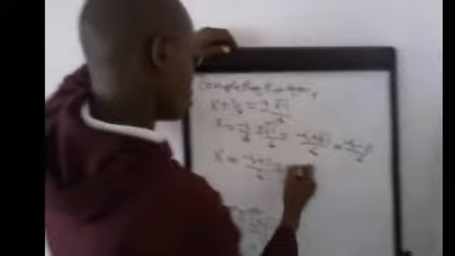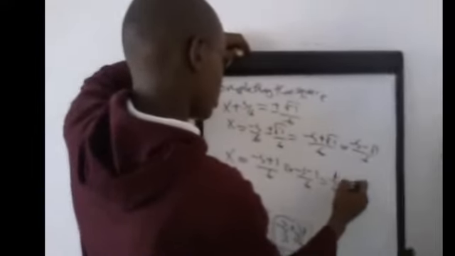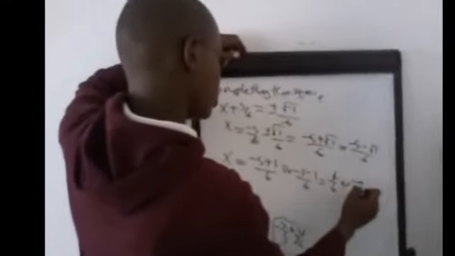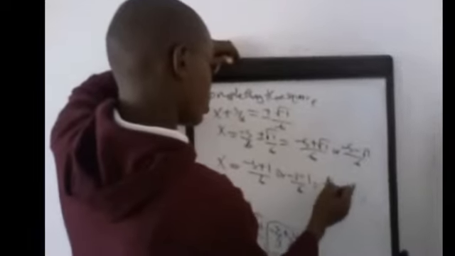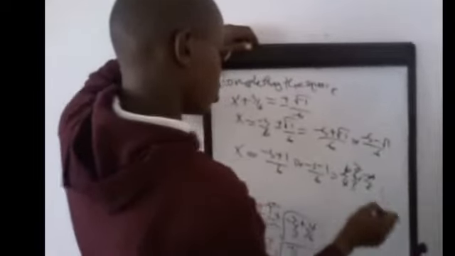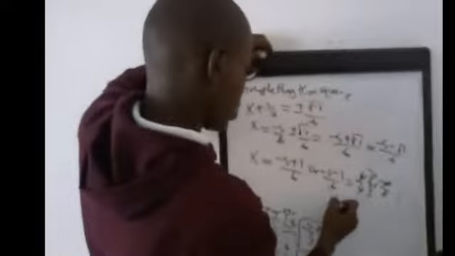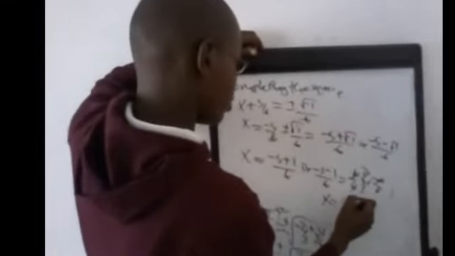It will be negative 4 over 6 or negative 6 over 6, which equals negative 1. So x will be negative 2 over 3 or negative 1.